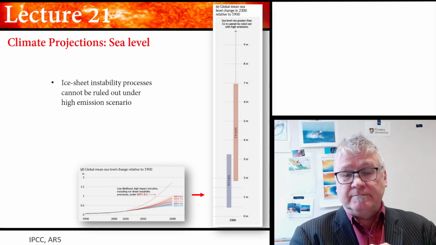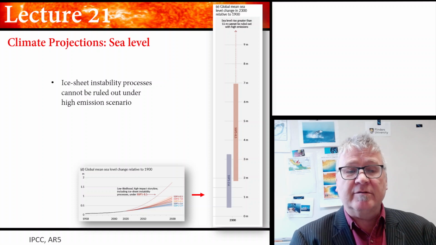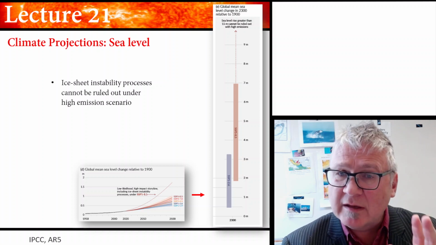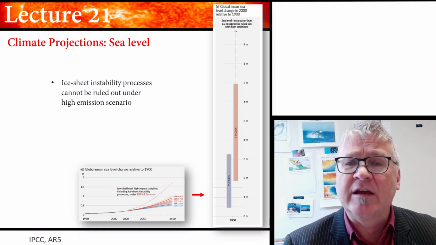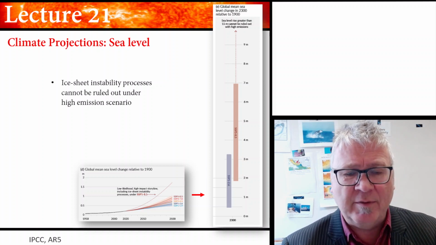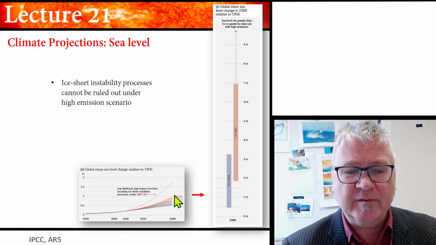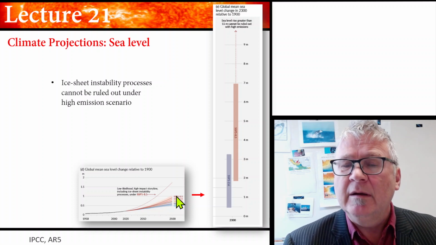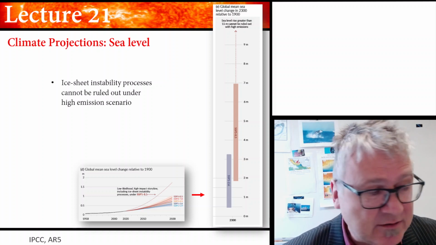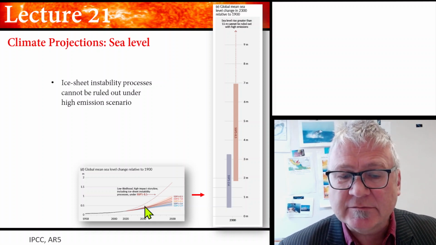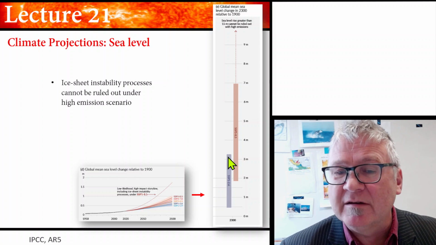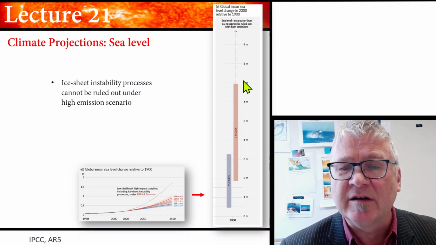So the sea level predictions. We are actually looking at longer time scales here, because sea level change is a relatively slow process. We're talking about maybe a meter by the end of the century, but in the future, by the year 2300, you get projections of 3 meters up to 7 meters for high emission scenarios.